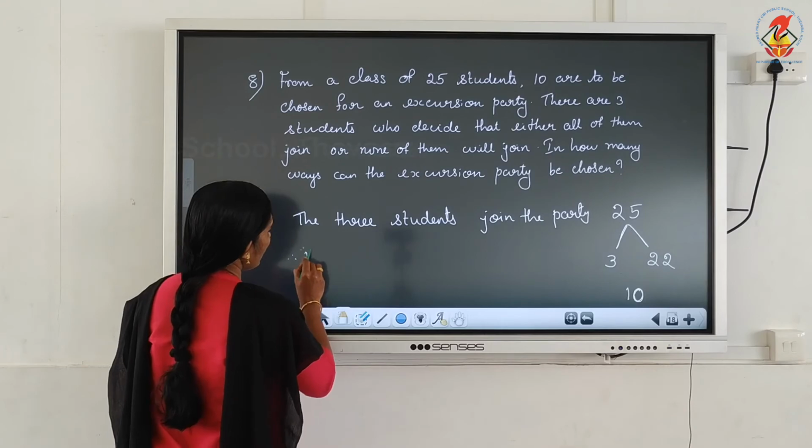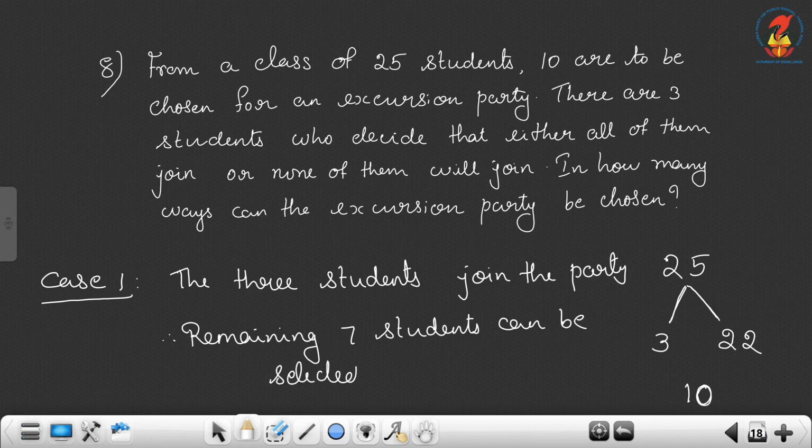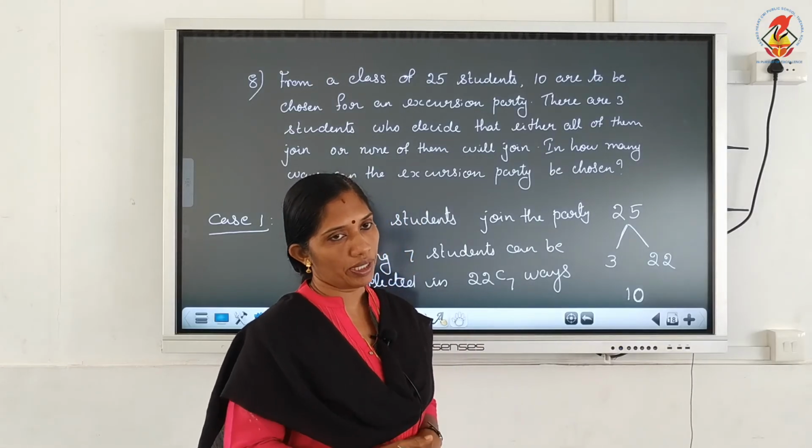Therefore the remaining 7 students can be selected in 22C7 ways. There are a total of 25 students, in which 3 students decide that either all of them will join the party or none of them will join the party.